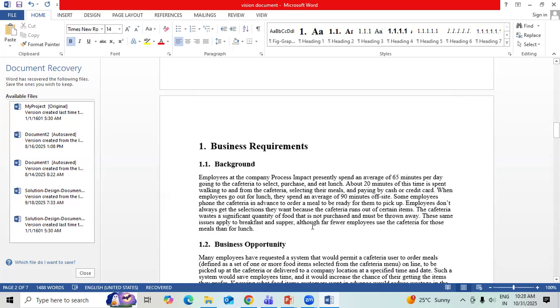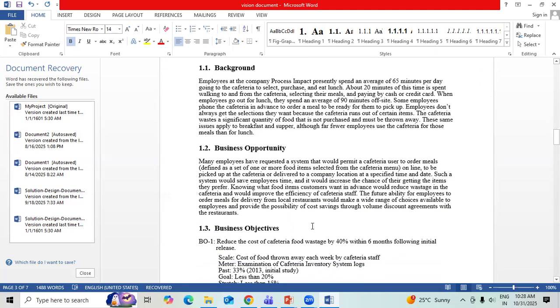After this, next we need to mention the background from the business requirement point of view. The background explains why, and what is the factor behind developing the cafeteria ordering system for the employees working for the organization.